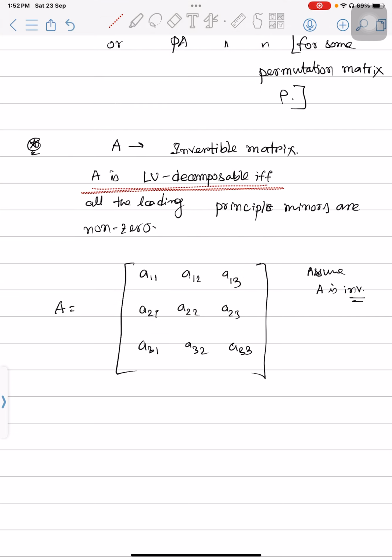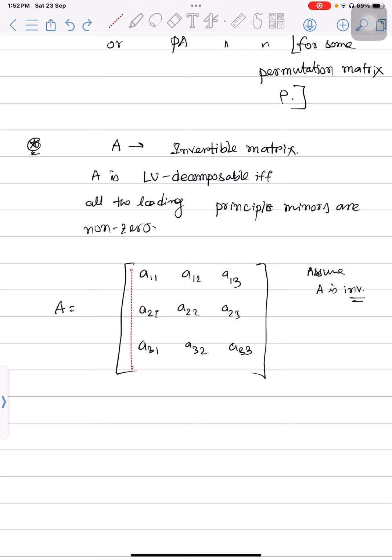That this matrix is decomposable if all the leading principal minors are non-zero. What are those leading principal minors? From the definition, if you take the determinant of this submatrix, this is a leading principal minor, and the determinant of the whole matrix is also a leading principal minor.